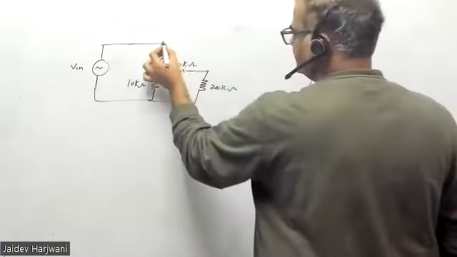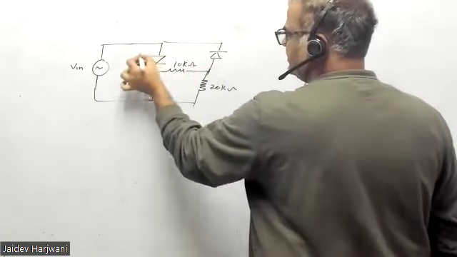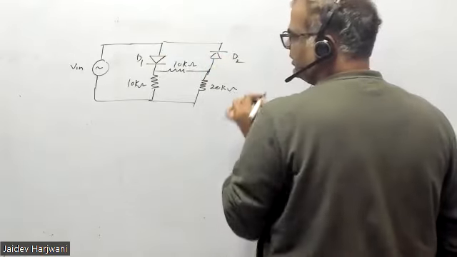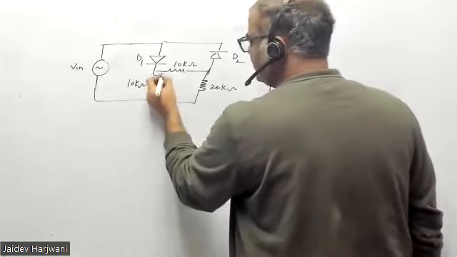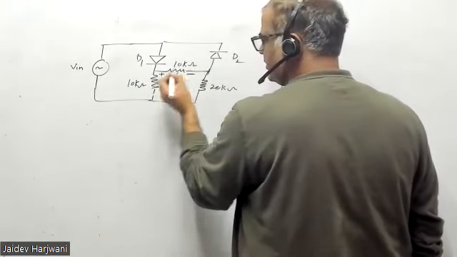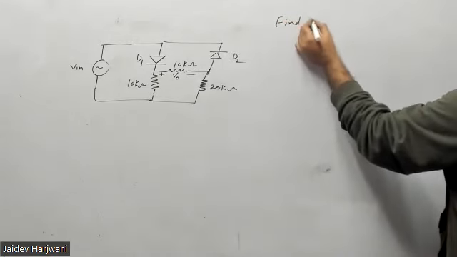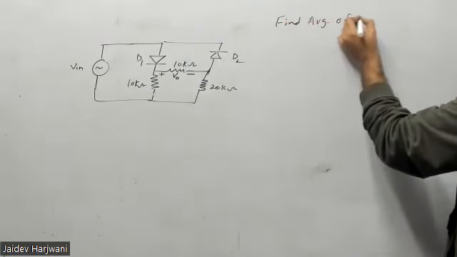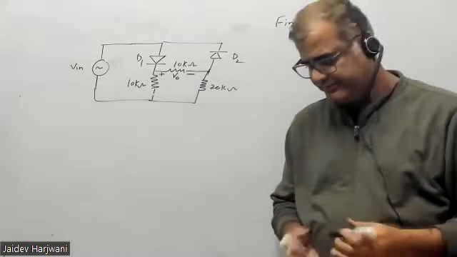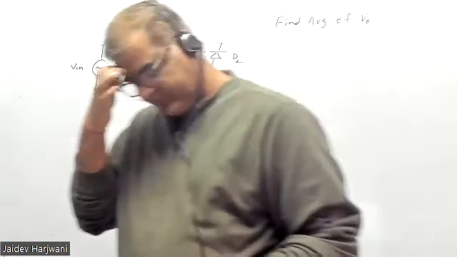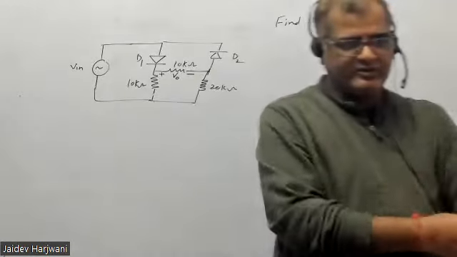And here one more diode is there, connected. This is D1, and this is D2. I'm measuring the V naught here. Find the average of V naught.